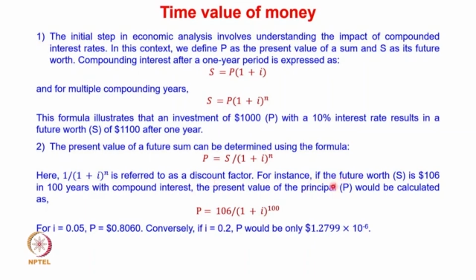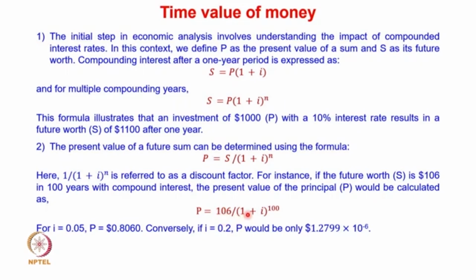So again, let's take a simple example. Let's say you are going to have $106 in 100 years with compound interest of, let's say, 0.05, and we want to find out the present value of the principal. We can find the present value directly by using this equation. So 106 we are going to get after 100 years, isn't it?